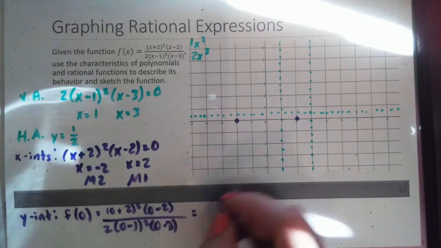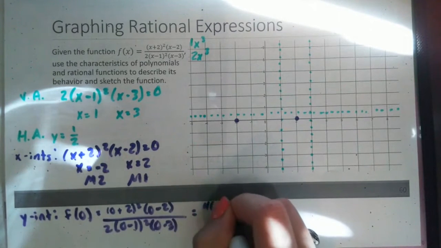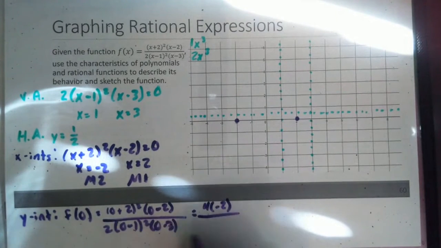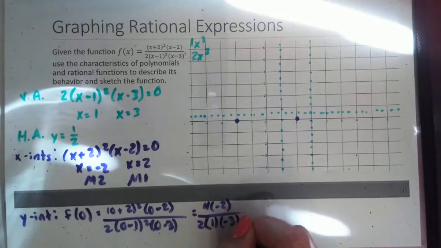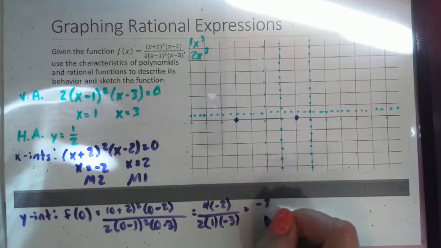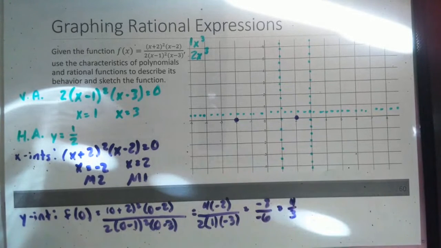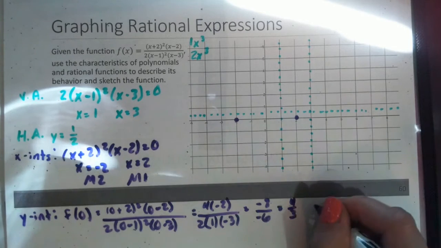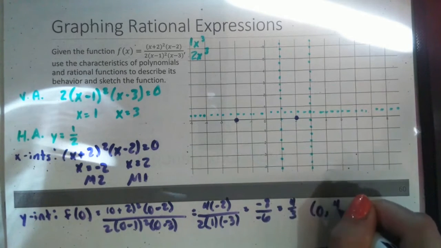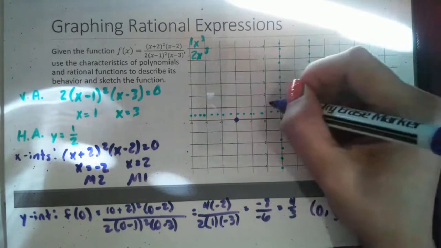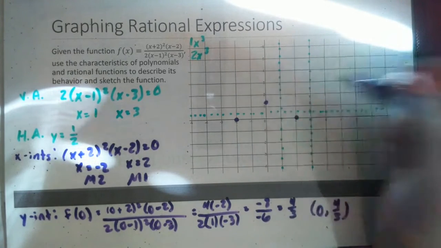So that's going to be 2 squared is 4 times negative 2 over 2 times negative 1 squared is 1 times negative 3. Negative 8 over negative 6 is a positive 4/3. So it looks like our y-intercept is at 0, 4/3, which is 1 1/3.